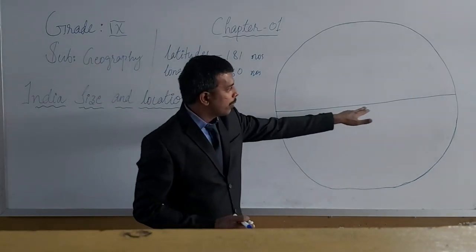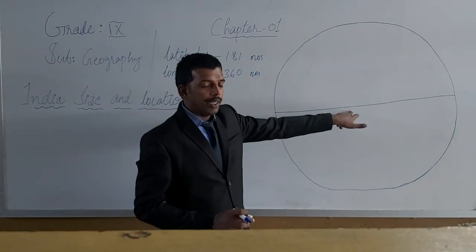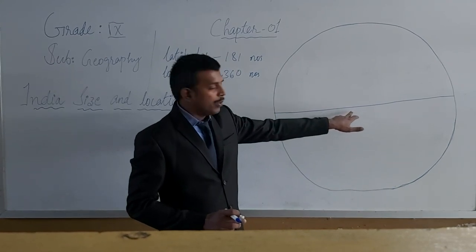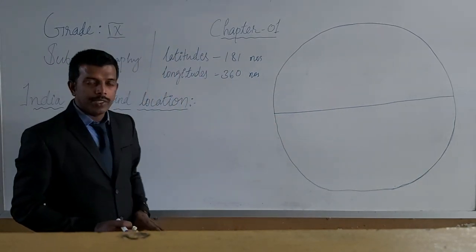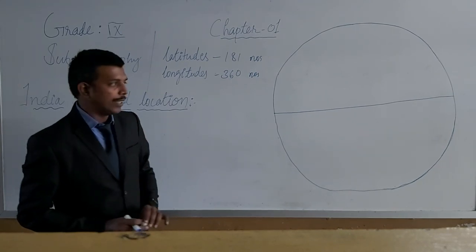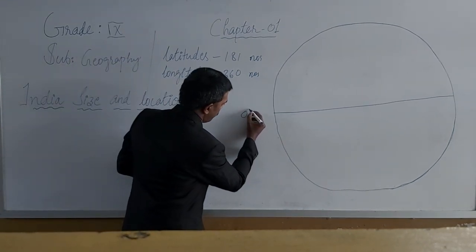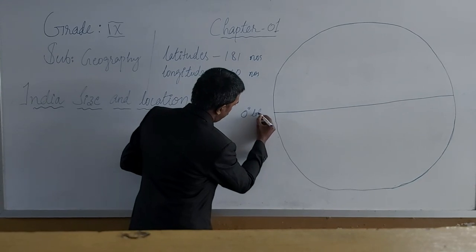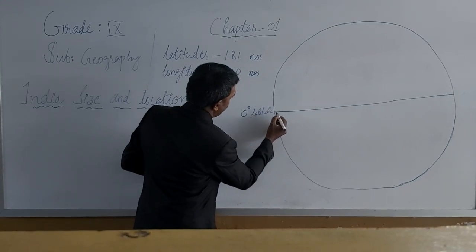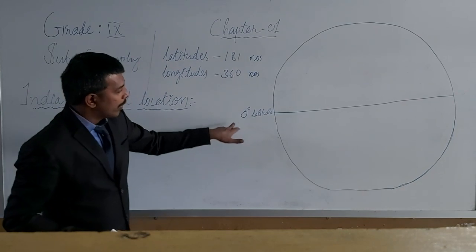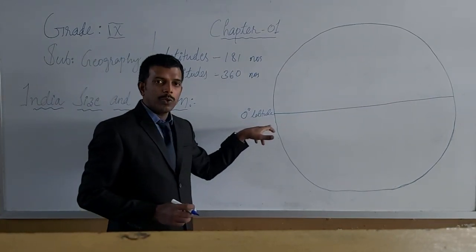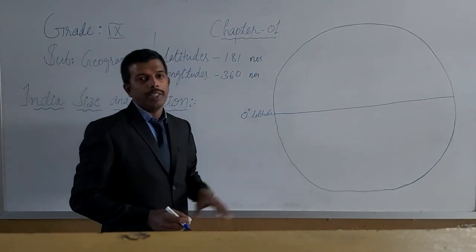Already I have drawn a latitude in the center of the globe. This latitude will be considered as the 0-degree latitude. We call it 0-degree latitude or equator.